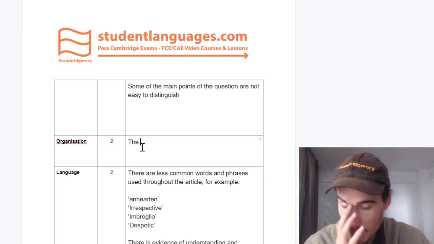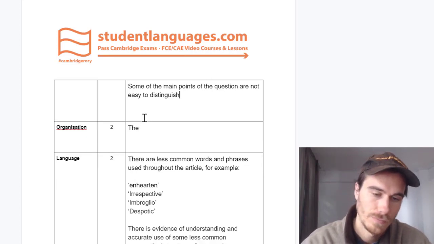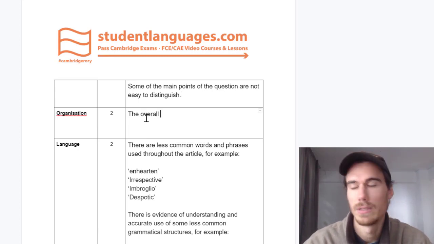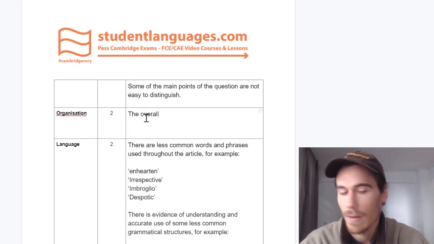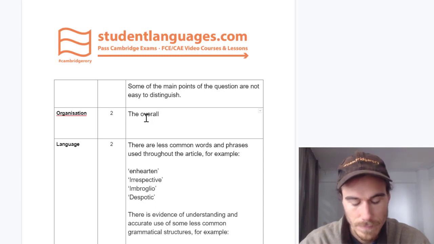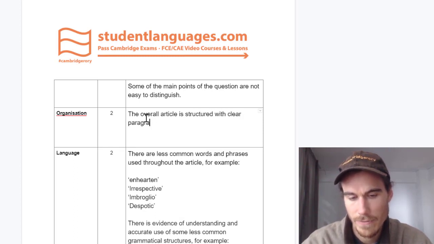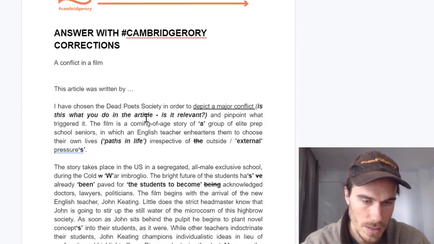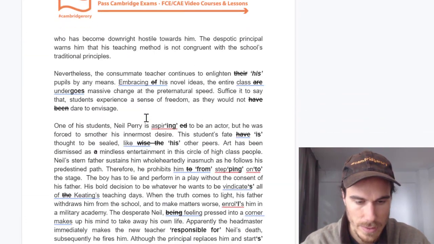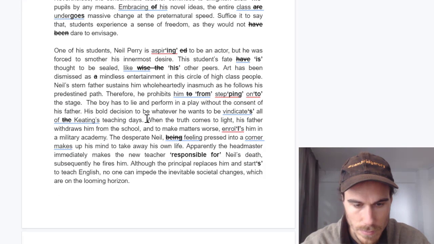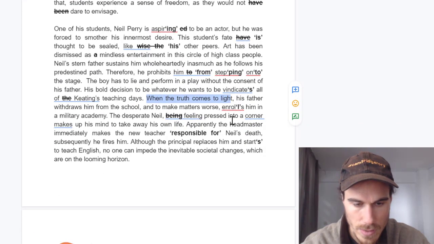So the overall article is structured with clear paragraphs, and I think you use some linking phrases in here as well. Like, 'when the truth comes to light', that's quite a nice phrase.